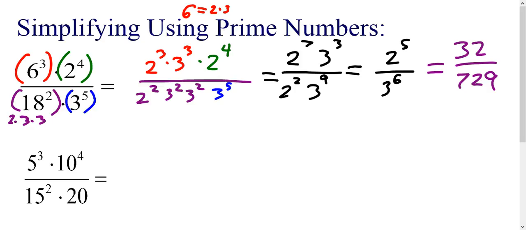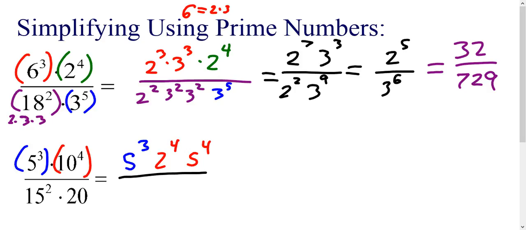Same idea for this next one. 5's a prime number, so you leave that alone. 10 is 2 times 5. So that's going to have a 2 to the 4th and a 5 to the 4th. And that 15, that's 3 times 5.